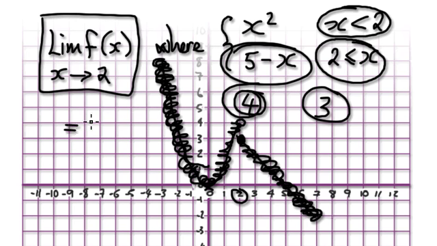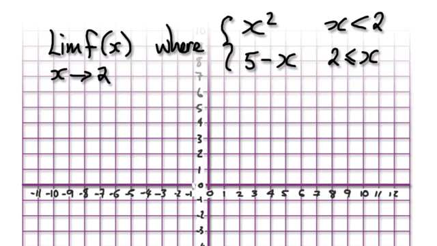So here the limit does not exist, because in order for a limit to exist, they have to head towards the same limit. Here, from the left-hand side, you're heading towards 4, and then from the right-hand side, you're heading towards 3. So here, well, the limit here does not exist. Okay, so if you look at your diagram again, it should look something like this.